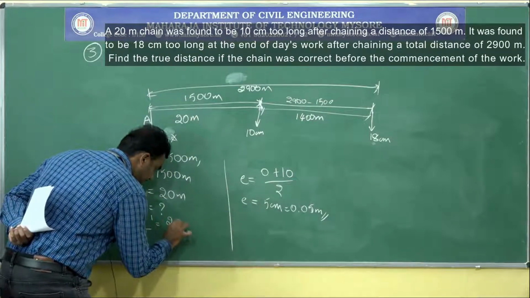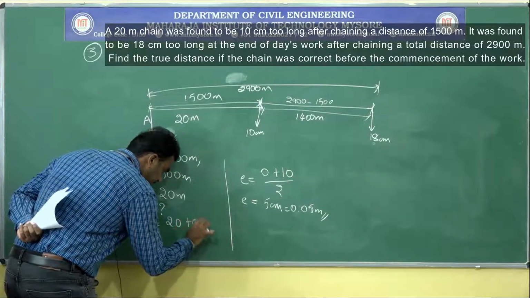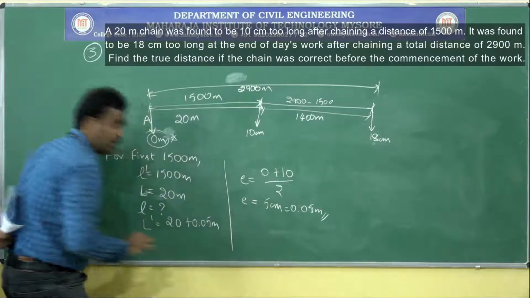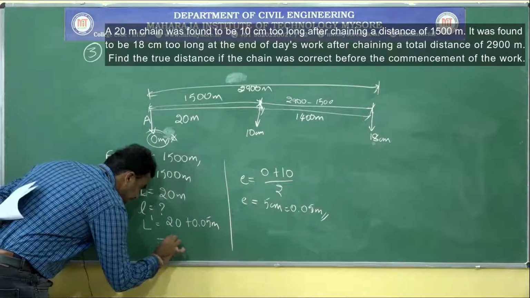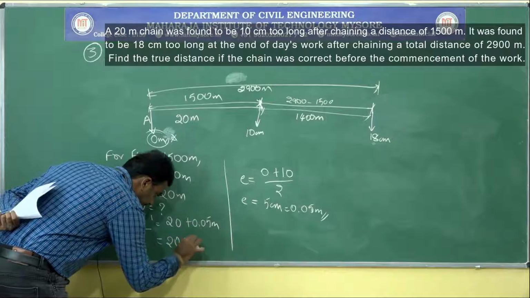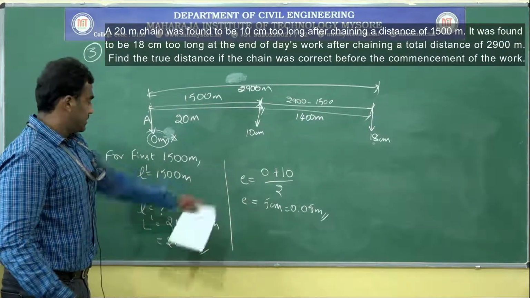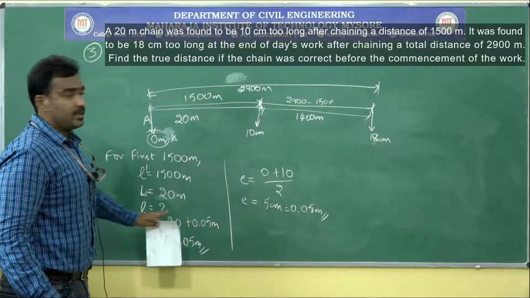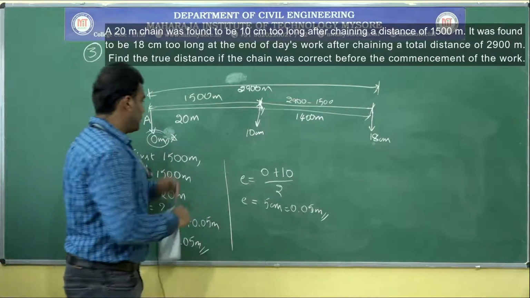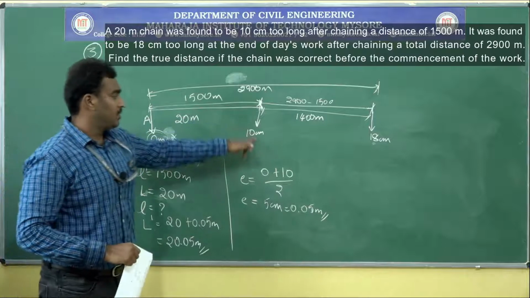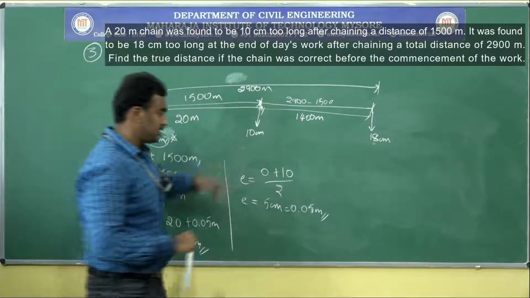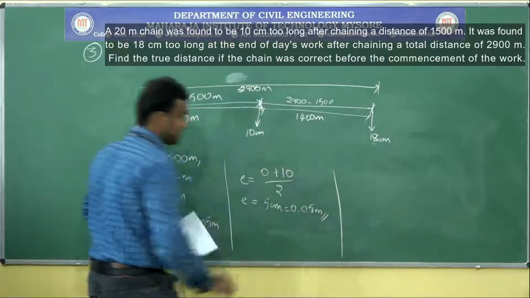So 20 meters plus 0.05 meter is the L dash length, 20.05 meters. This is how you should consider the length here, because initially it was 0 and after completion it is 10 centimeters. It is not constant, it is variable. That's why we are considering it like this.